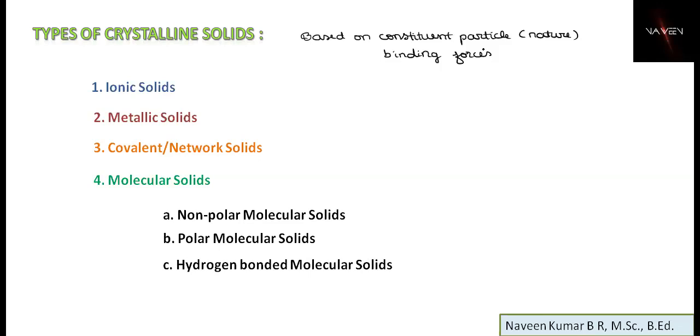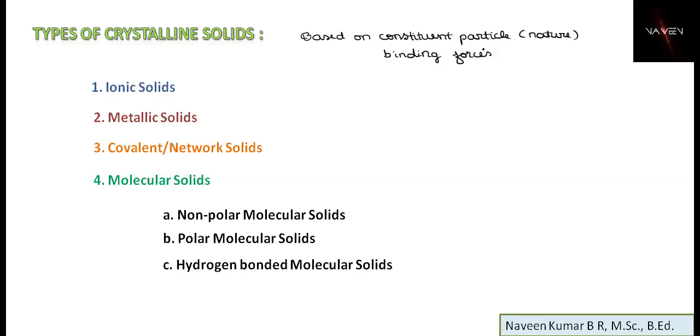So the knowledge of classification of crystalline solids will help us identify, with respect to the constituent particles, what the binding forces between the constituent particles are. With suitable examples, we'll try to understand it. A few simple properties also we'll relate to remember the respective type of solid.